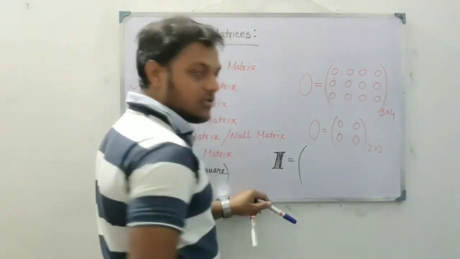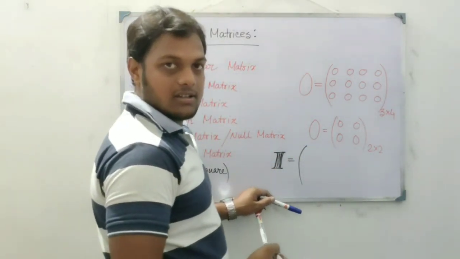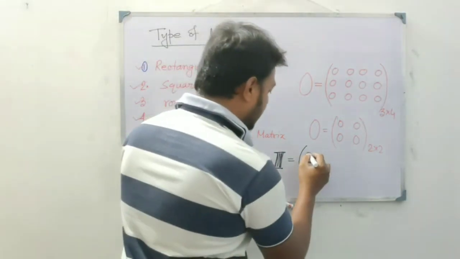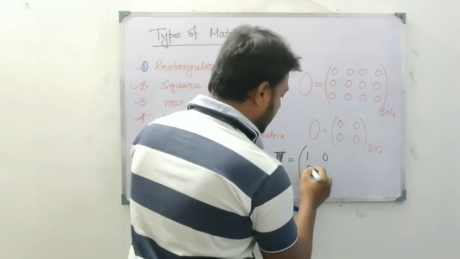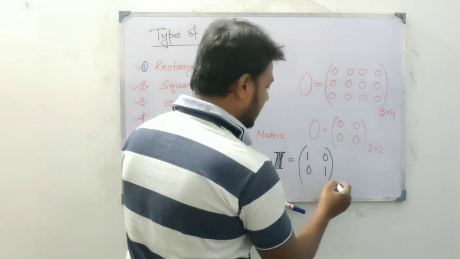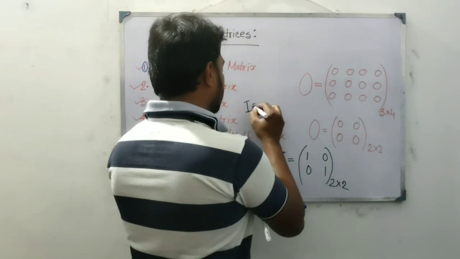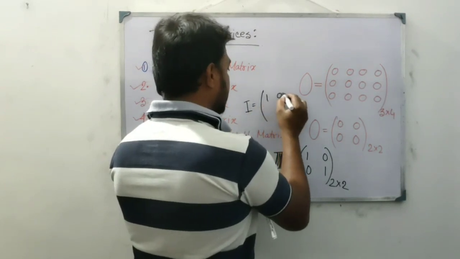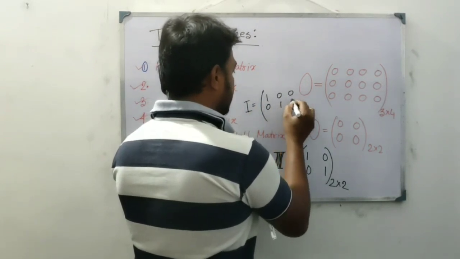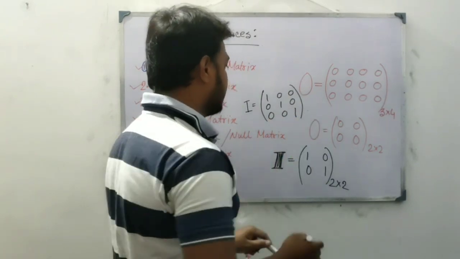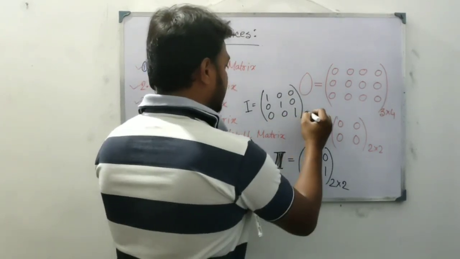So if we try to write the square matrices of order 2 cross 2, then 1, 0, 0, 1. Of order 3 cross 3, I equals 1, 0, 0, 0, 1, 0 and 0, 0, 1. This is the identity matrix for 3 cross 3.